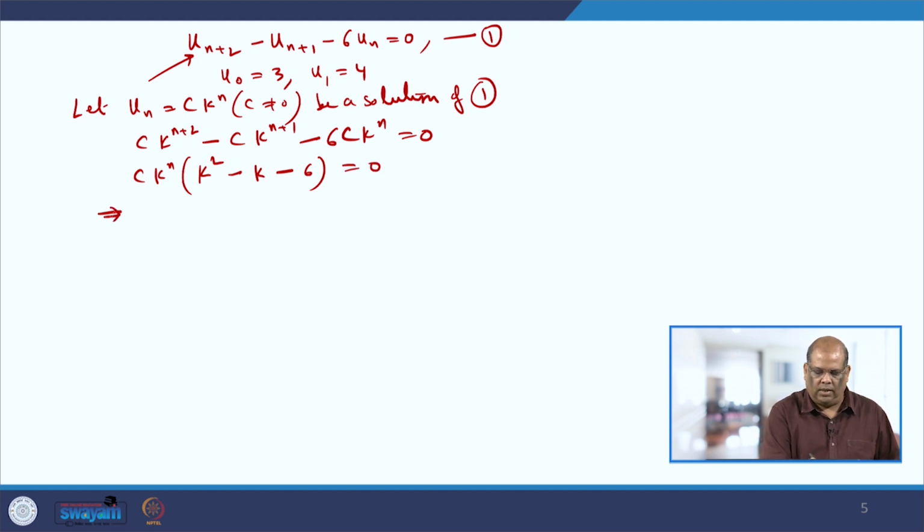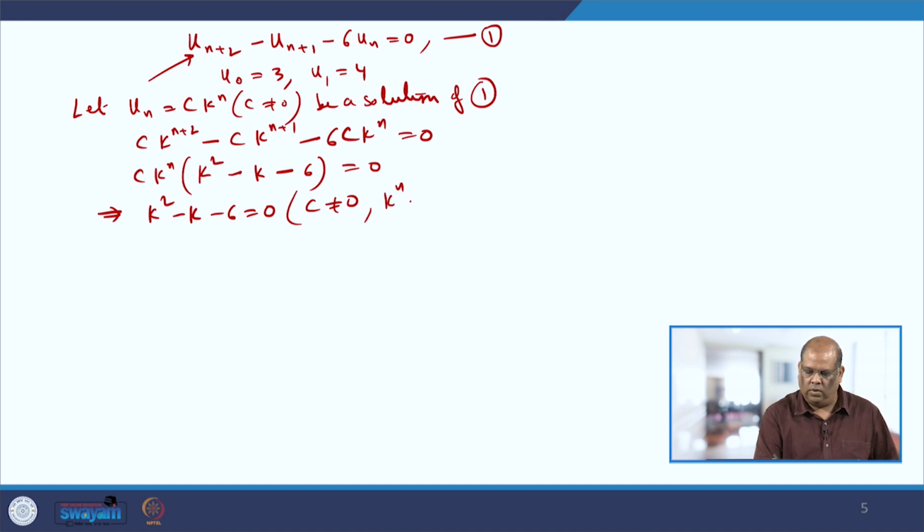Clearly c is not equal to 0, and there is no value of n for which k to the power n can be equal to 0. So, this implies k square minus k minus 6 equal to 0.